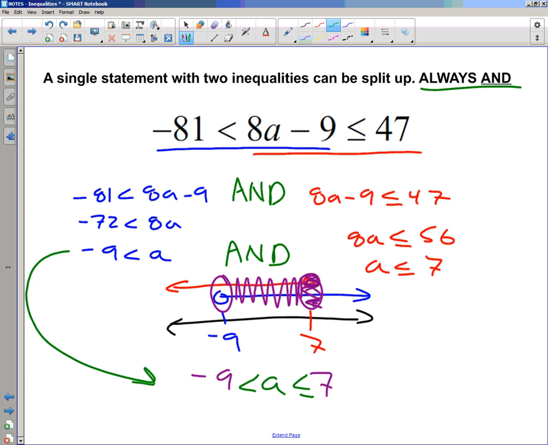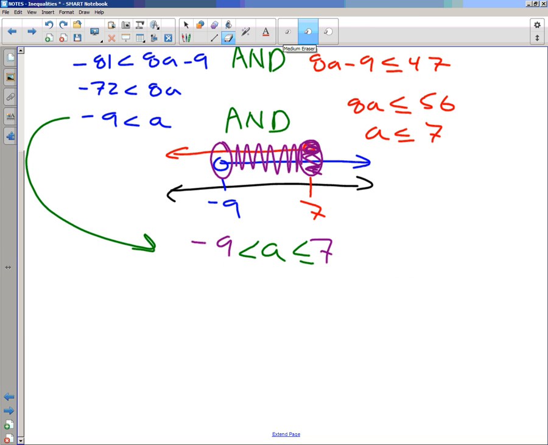How we do the what? These ones? These guys? Well, this basically has two pieces of information in one. The A is doing double duty. So when I read this, I can look at this and say, okay, first of all, A is bigger than negative 9.